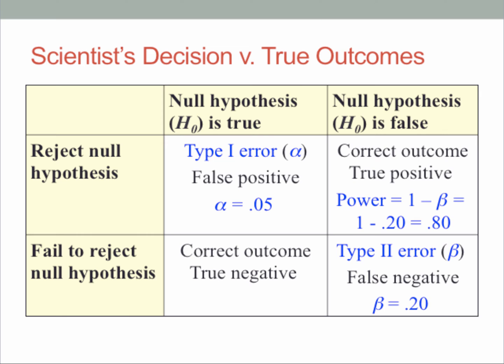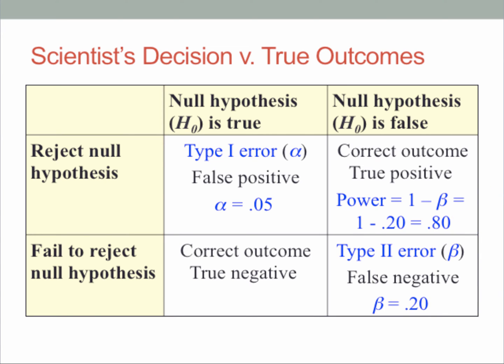Conversely, if the null hypothesis is false, and we in fact reject the null hypothesis, again, we have the correct outcome, which is a true positive, and this is where we have our power, our ability to detect a true difference or a true relationship when one really exists.